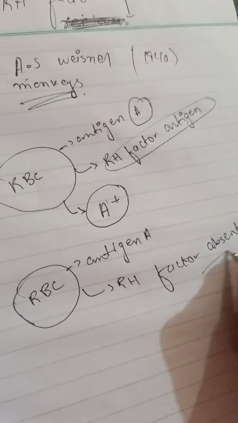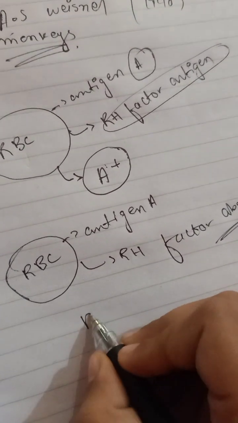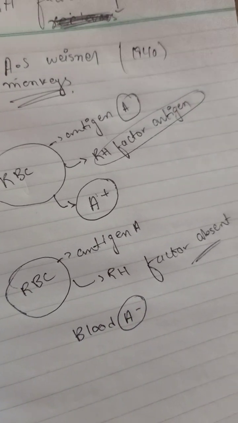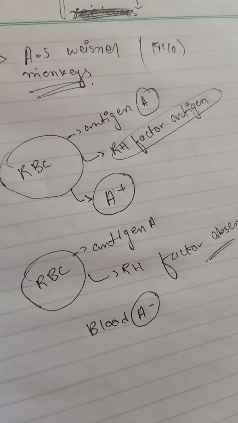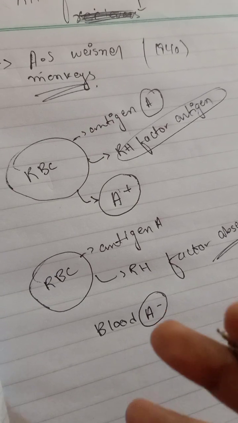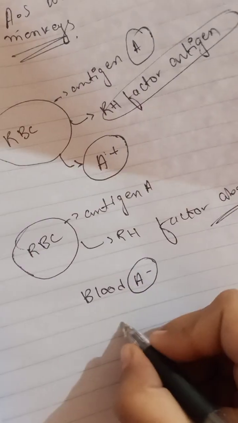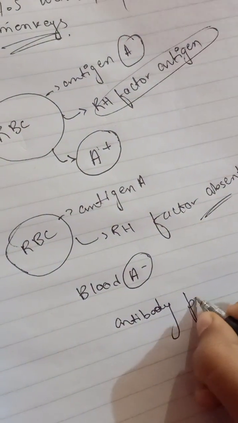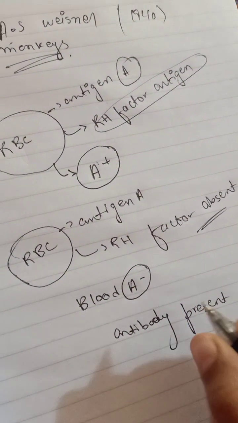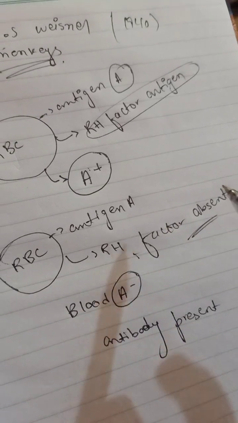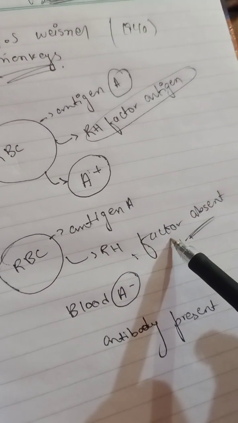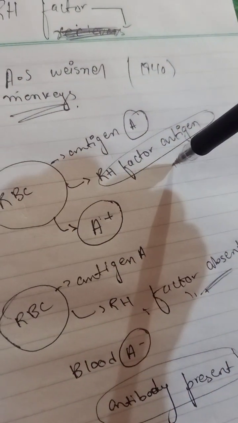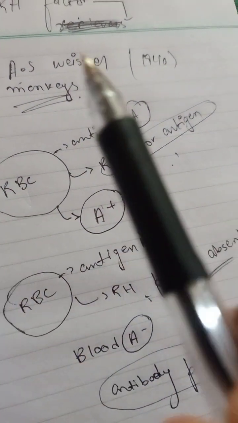So the blood group will be A negative, and in the plasma the antibody of the Rh factor will be produced, which means the antibody will be present, just because the Rh factor antigen is absent. In the earlier case, the Rh antigen is present and the antibody is absent, so the blood group is A positive.